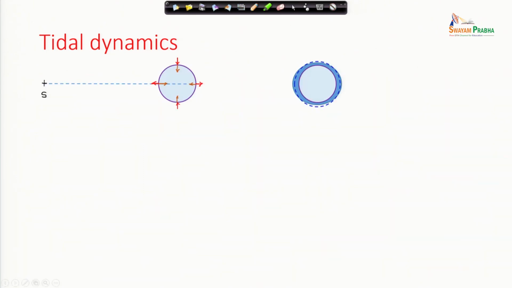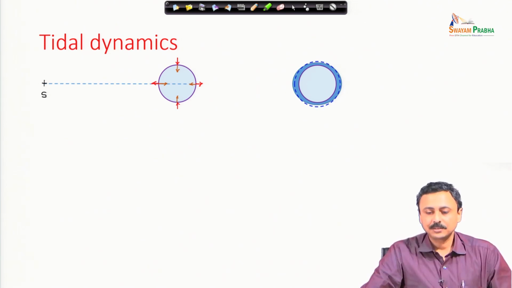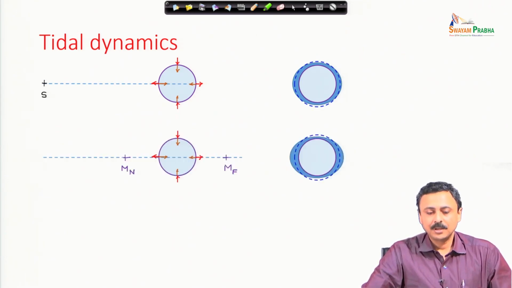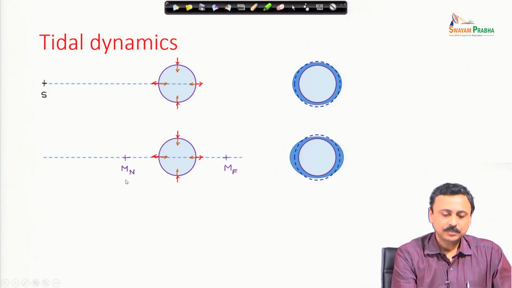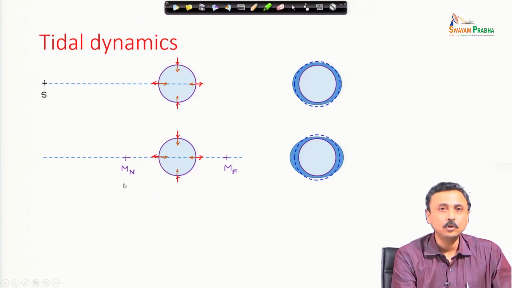Now, let us look at the effects of the sun and the moon. Because of the sun, as we have just now analyzed, we have high tides on the two opposite sides, on the sun side and the opposite side there is a bulge, and low tide in the 90-degree direction. Because of the moon, on a new moon, when the moon and the sun are on the same side, it is a new moon phase.